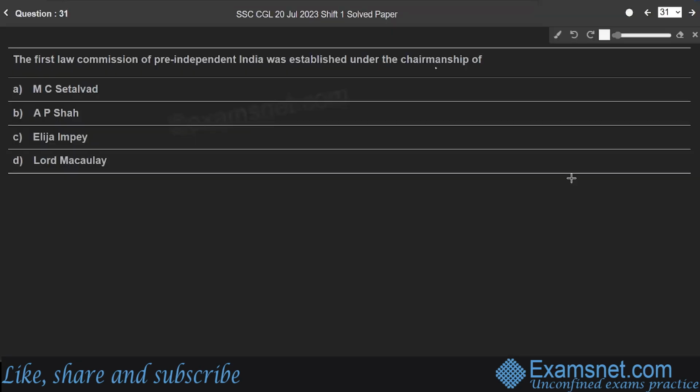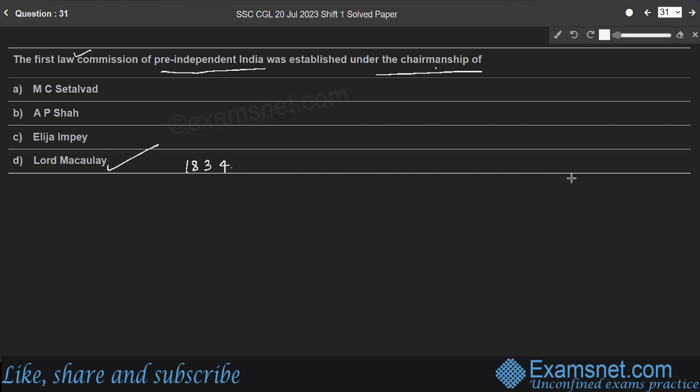Question 31. The first Law Commission of Pre-Independent India was established under the chairmanship of option D, Lord Macaulay. It was established in 1834.